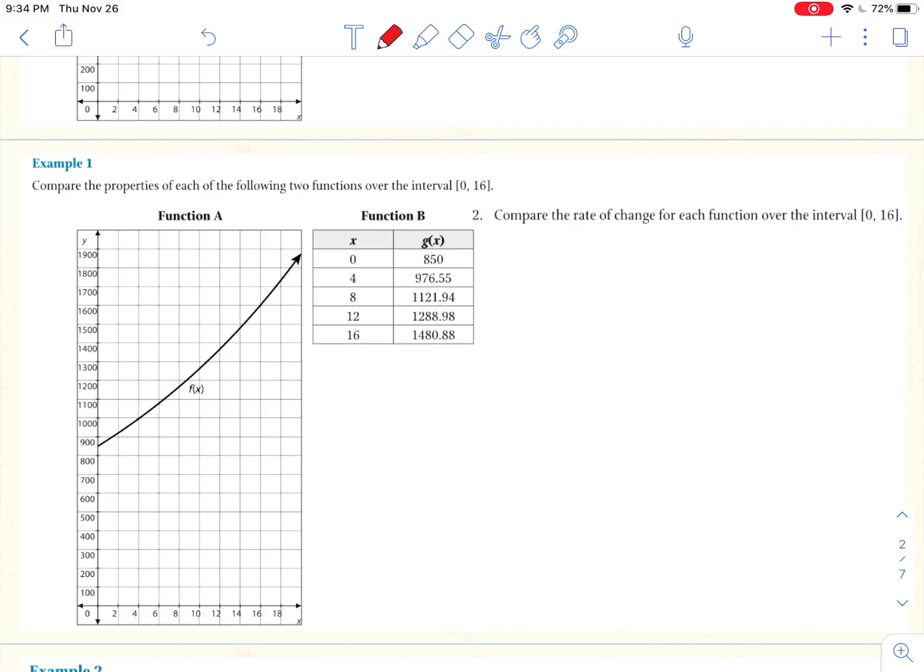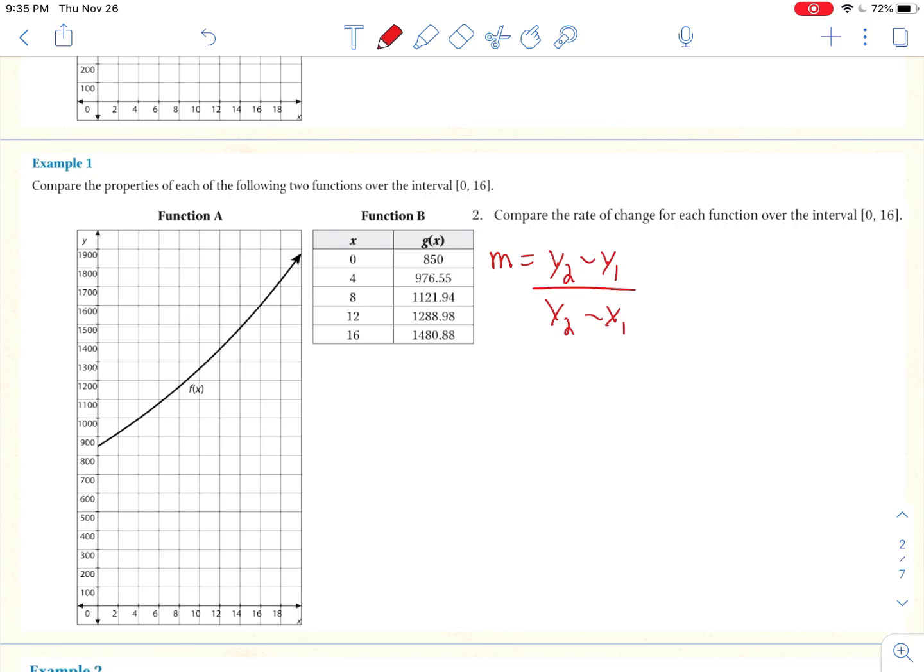The second part of example 1, we have to compare the rate of change for each function over the interval from 0 to 16. When we compare the rate of change, we have to use our rate of change formula from our previous lessons, also known as our slope formula, which is m equals y2 minus y1 over x2 minus x1.